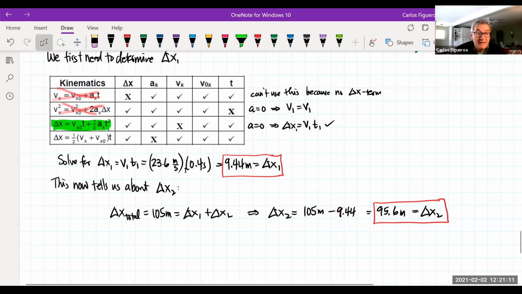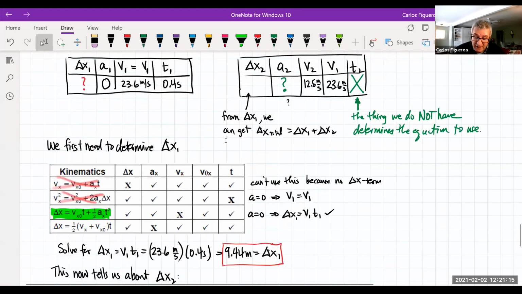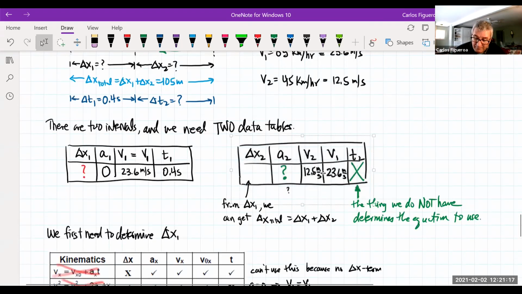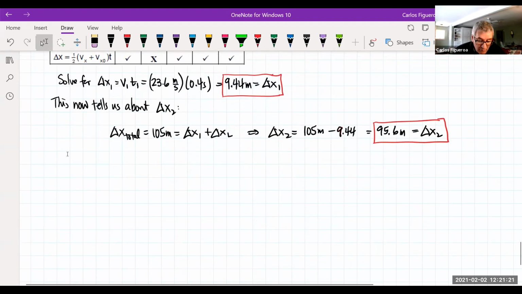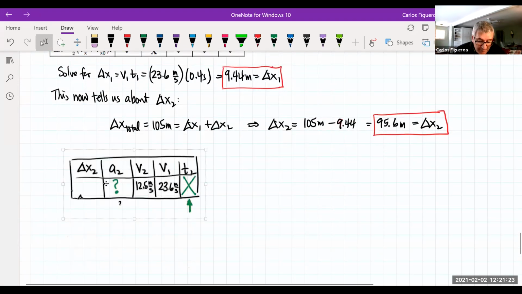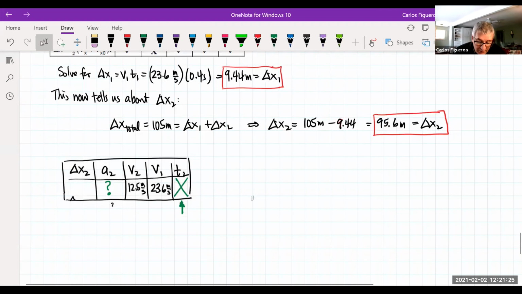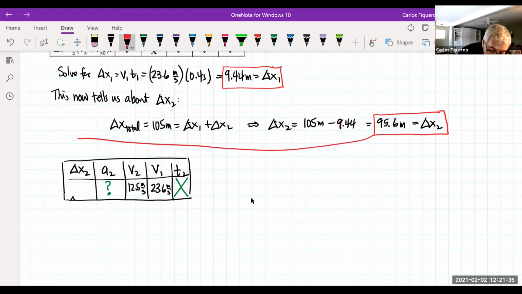So I now know what that distance is, and I could take my table here. If I put in my second table, you can see that I'm going to take this value and pop it right there.